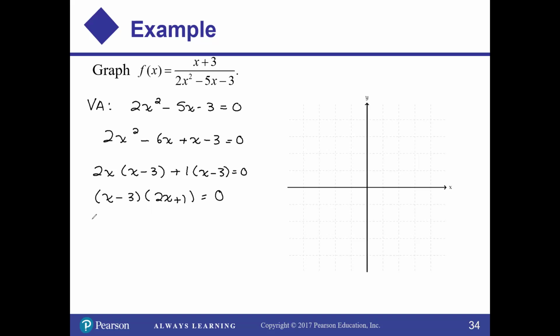So we would find that x minus 3 could equal 0, or 2x plus 1 could equal 0. So we see that one of my asymptotes is at 3, and the other one is going to be at -1/2. So these are both of my vertical asymptotes.